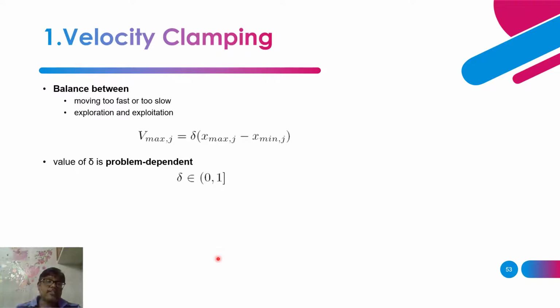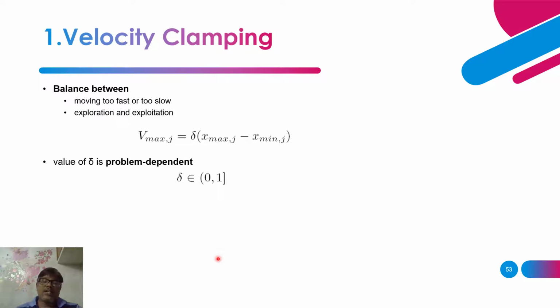For that, the Vmax,j, the upper limit, the maximum clamped velocity, can be fixed as alpha times x max,j minus x min,j, where alpha is problem dependent. It is a value taken from 0 to 1.